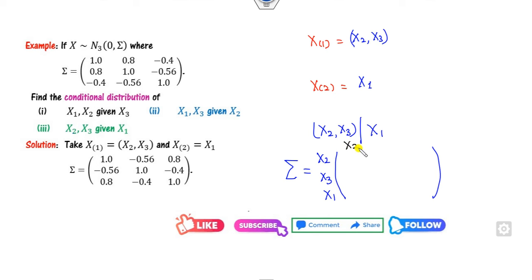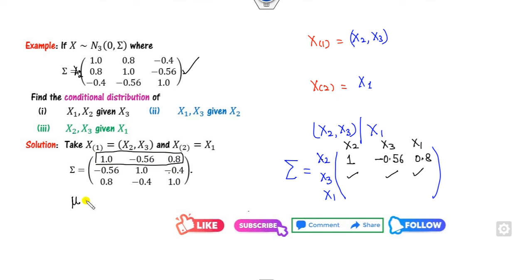Same for here, x2, x3, x1. What is the value of the x2, x2 from this matrix? 1. x2, x3, this is my x2, x3 minus 0.56. x2, x1, 0.8, and you can see the first row appears. Similarly, you can find the second row, you will get this.